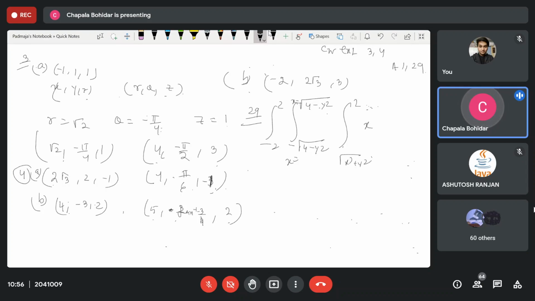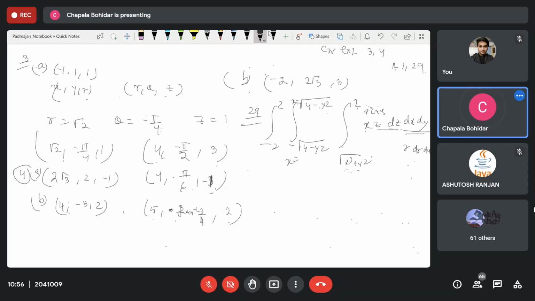Then it is given xz dz dx dy. So dx dy is r; when you convert it to polar form, r dr d theta. dz as it is. We can convert x as r cos theta. Then r lies from r to 2, and z lies from r to 2.